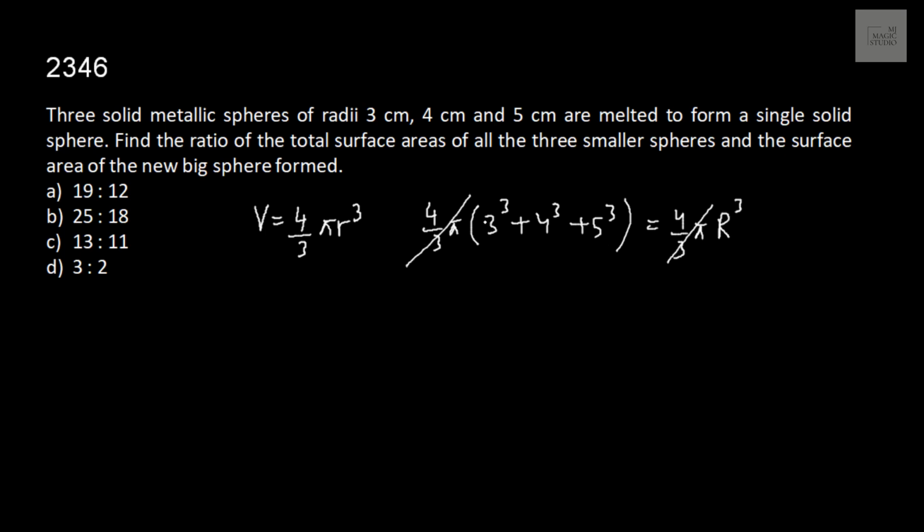This goes out. 3 cube is 27 plus 64 plus 125 is 216, that is 6 cube, that is r cube. That means radius of the new sphere is 6.